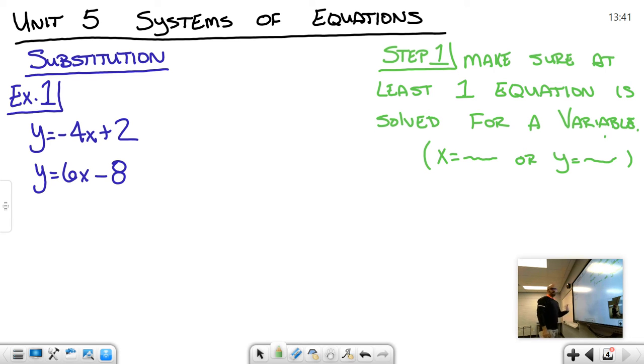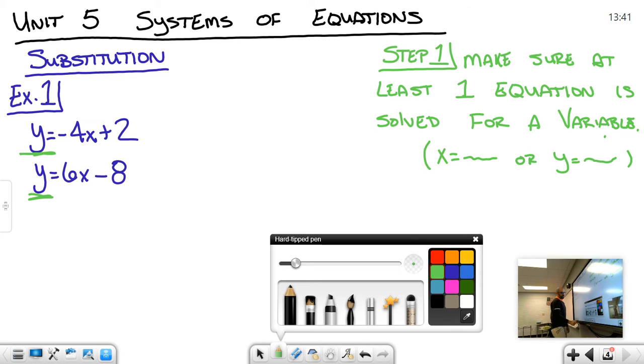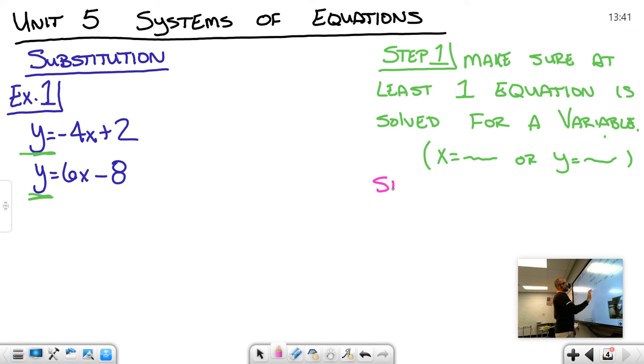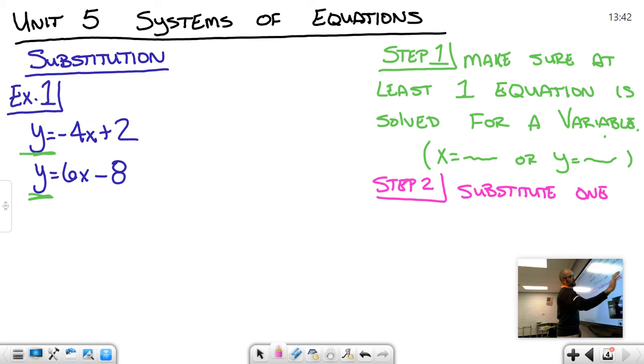All right, do we have that here? Well, yes, I can have both of them. I have y equals here and a y equals here. Okay, so the first step's taken care of in this example. All right, so step two, we're going to substitute one equation into the other.